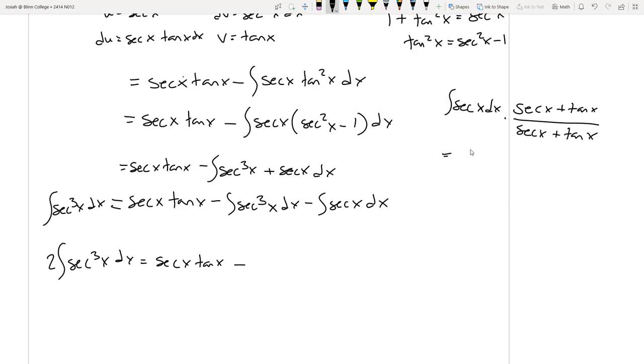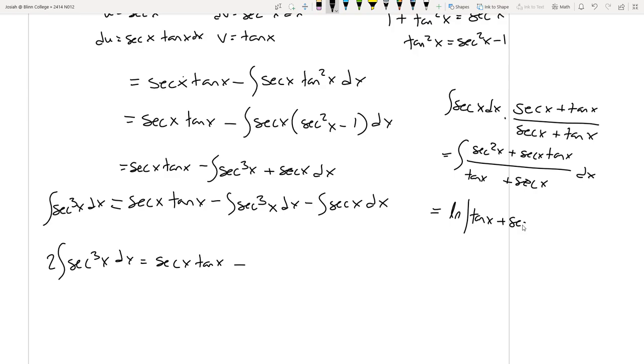And so you get secant squared of x plus secant of x tangent of x over tangent of x plus the secant of x dx. And so we have a u substitution here. We have the original function and its derivative. So this is going to end up being the natural log of the absolute value of the tangent of x plus the secant of x plus c.